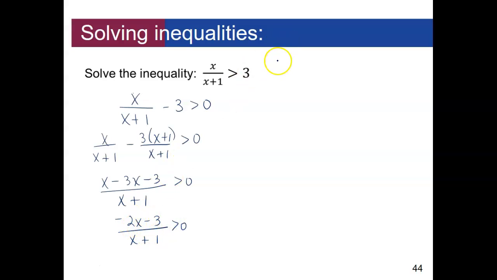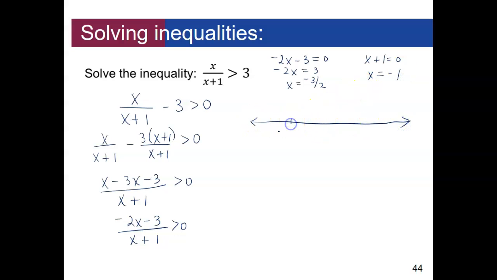So we'll get our cut points by setting the numerator equal to 0. So we're going to get negative 3 halves for one, and then for the other one, we're going to have negative 1. So we have a cut point at negative 1.5, which is negative 3 halves, and also at negative 1.